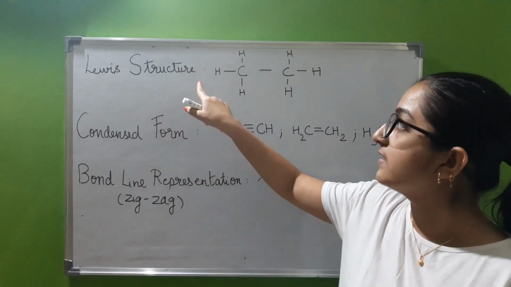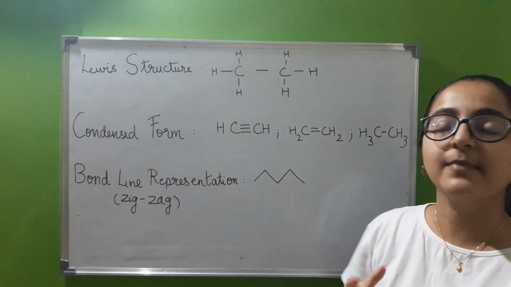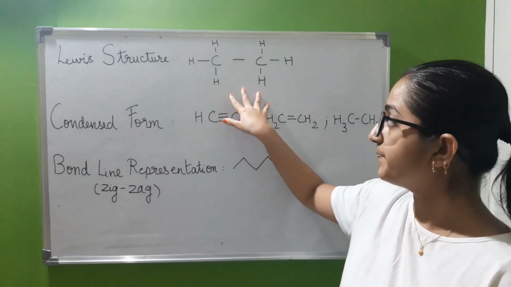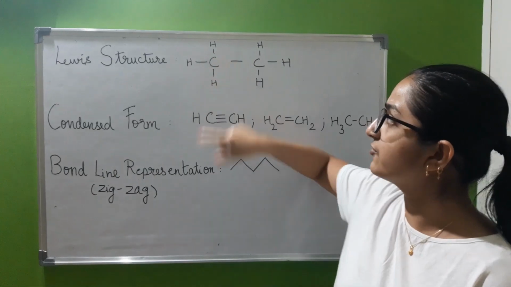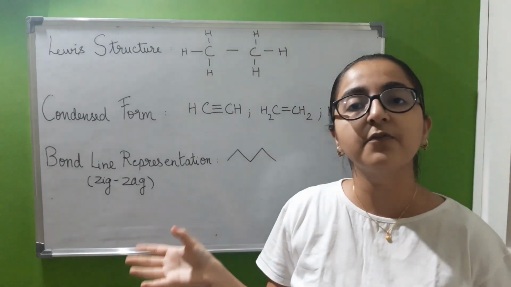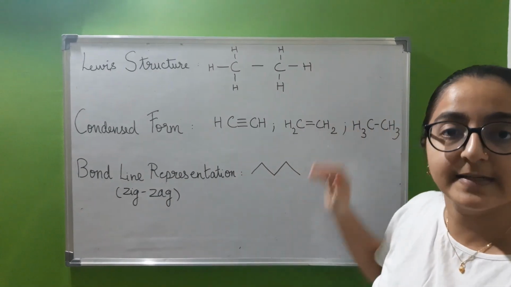Now looking at the Lewis structure, here we can mention the number of bonds present in the carbon chain along with hydrogen or other atoms, and also represent the number of electron pairs present on it.